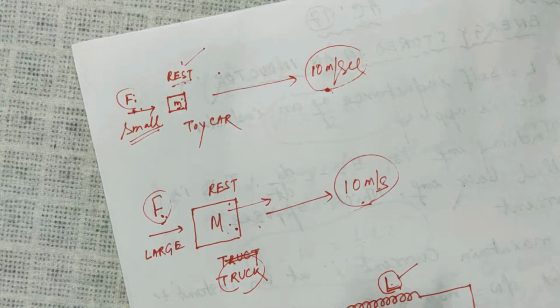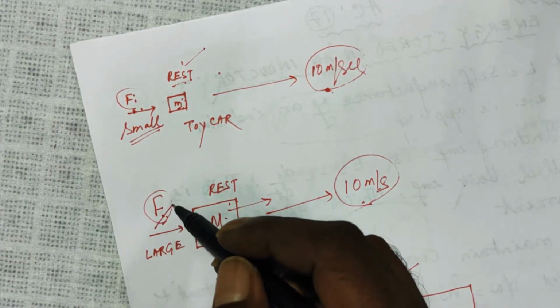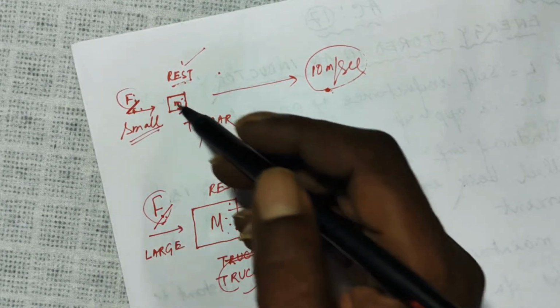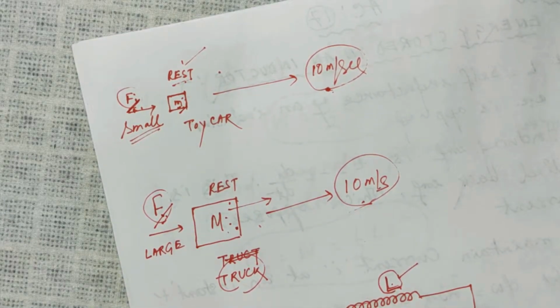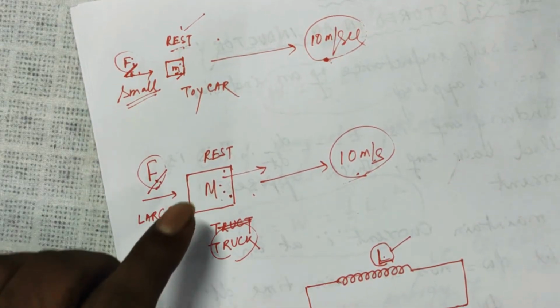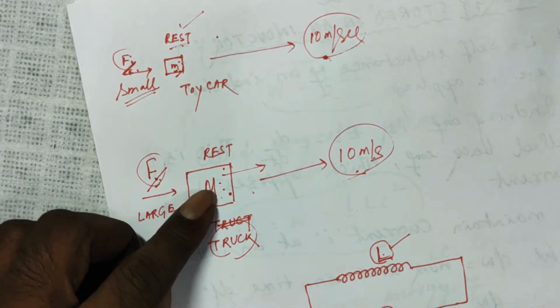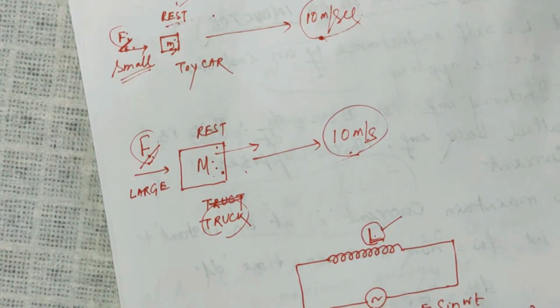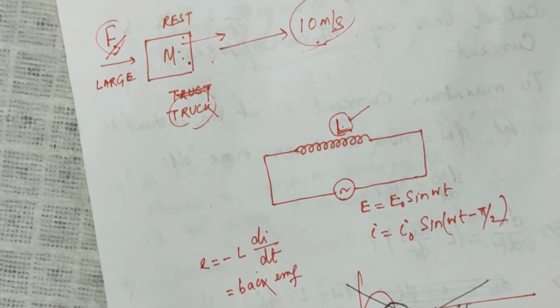Whenever you want to change the state, either from rest to motion, or from motion to rest, the more the mass, the more the force; the less the mass, the less the force. That inherent property is called inertia. More the mass, more is the inertia. Less the mass, less is the inertia.